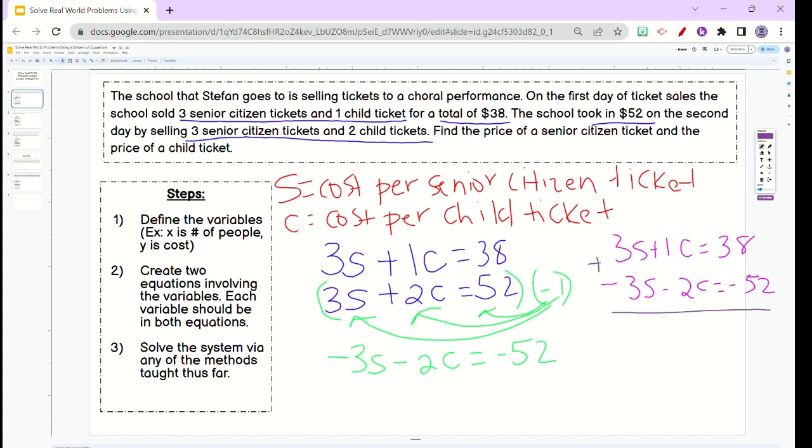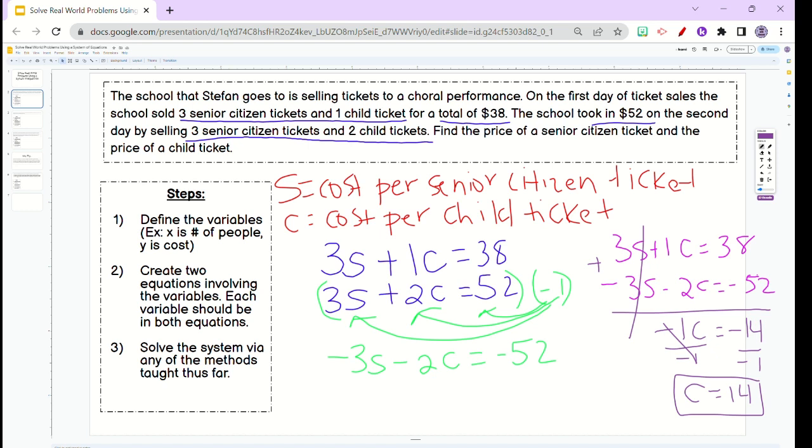So the positive 3S and the negative 3S, those cancel. We have 1C plus negative 2C, which is negative 1C. And then we have this 38 plus negative 52, which will get us negative 14. Alrighty, and now we can divide each side by negative 1, and we get C is equal to 14.